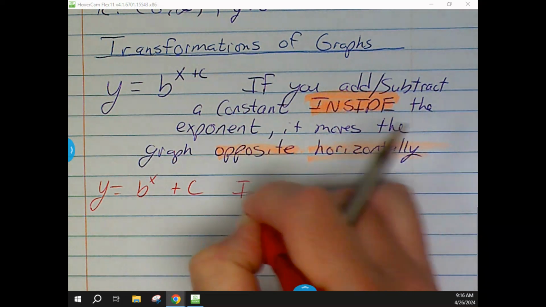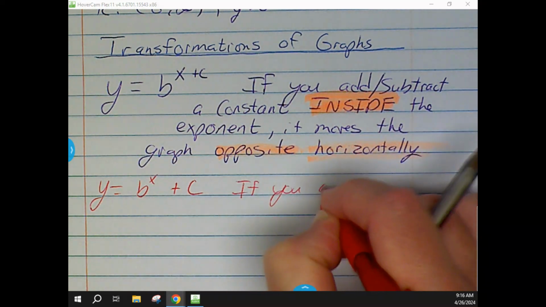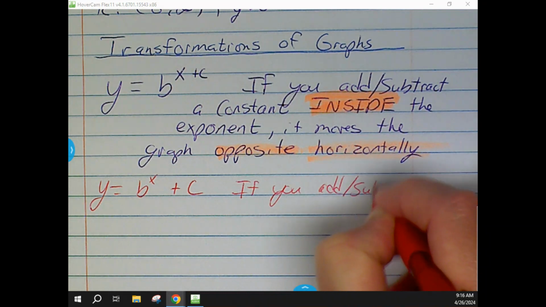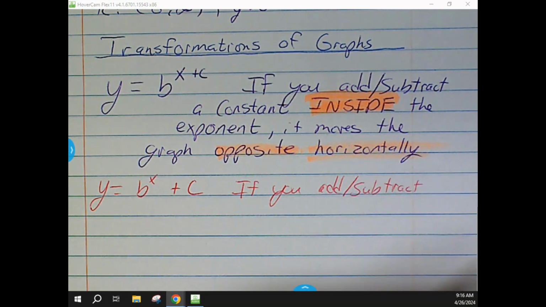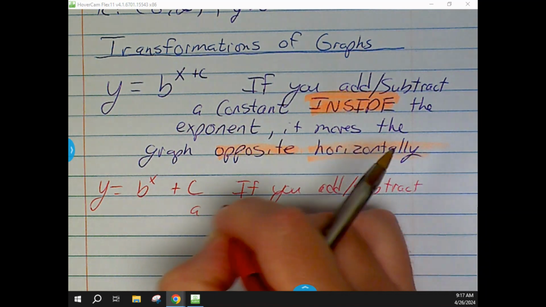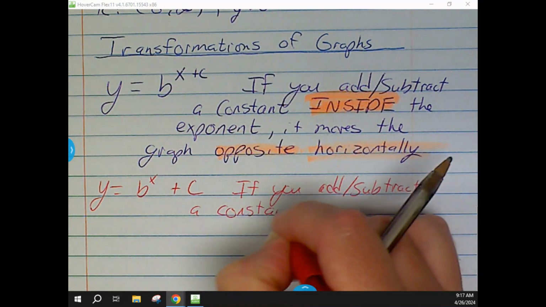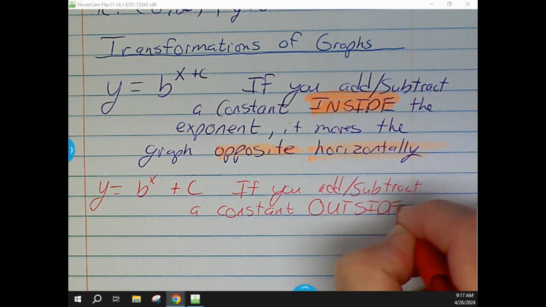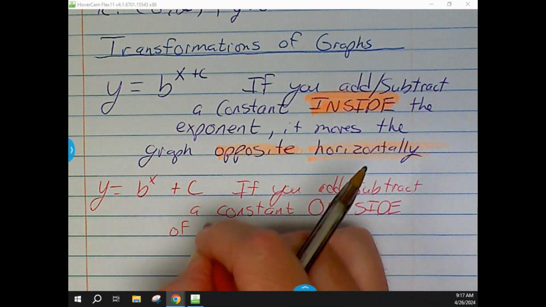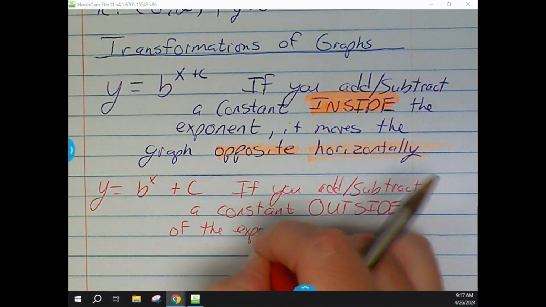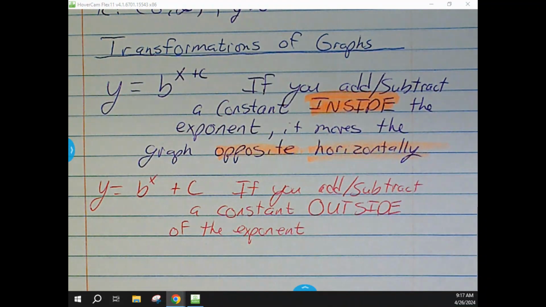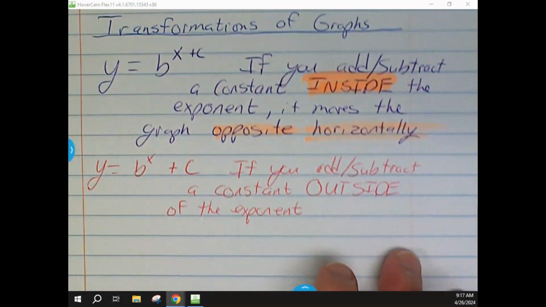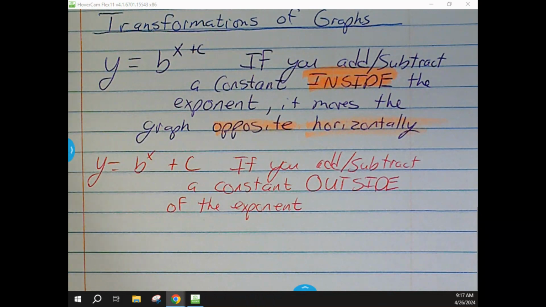So if you add or subtract a constant outside of the exponent, it shifts, it moves, however you want to say it.